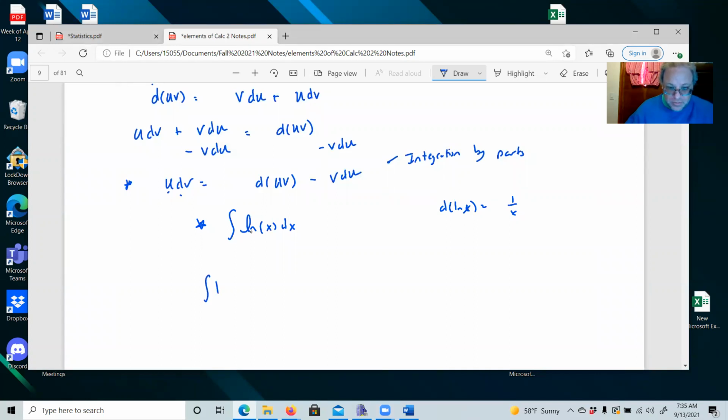So what we're going to do is set u to be something, and set dv to be something. Now, here's the difference. When you could use substitution, there was some stuff you could slide around. You could solve for this or that. You could pretty much meld this to what you needed. With integration by parts, you have to use up everything in here in order for it to work.